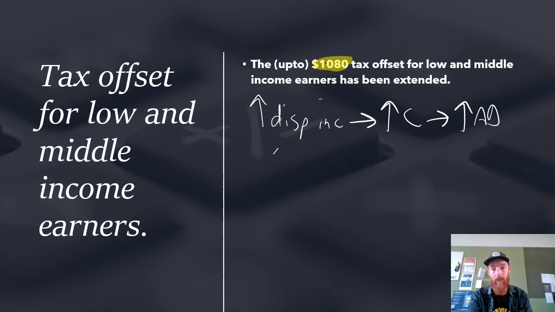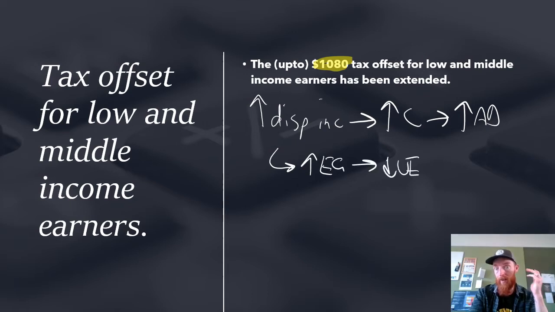If we then increase aggregate demand, that can then lead on to increased economic growth as businesses are happier to produce, which will hopefully lead to decreased unemployment as more production is required, more labor resources are required, and therefore hopefully get us towards achieving some of these goals, which we have been very far away from over the last 12 to 24 months. This could also help stimulate the inflation rate from our current around 0.9% up towards what we would prefer it to be.